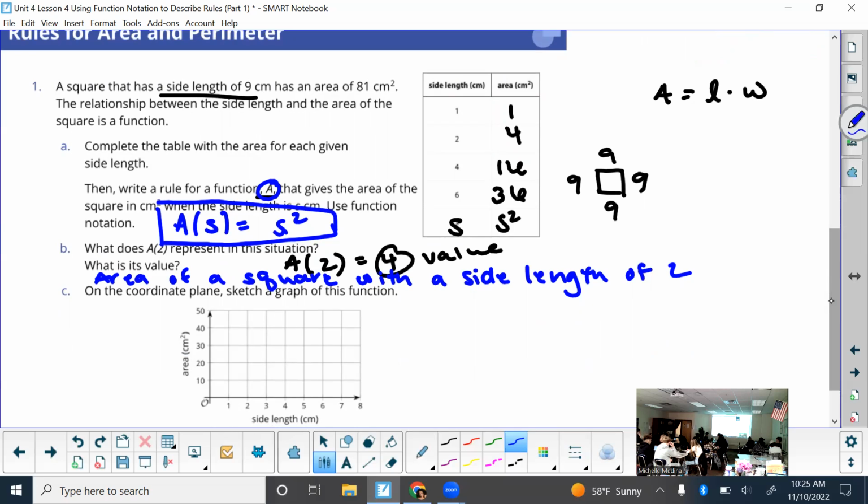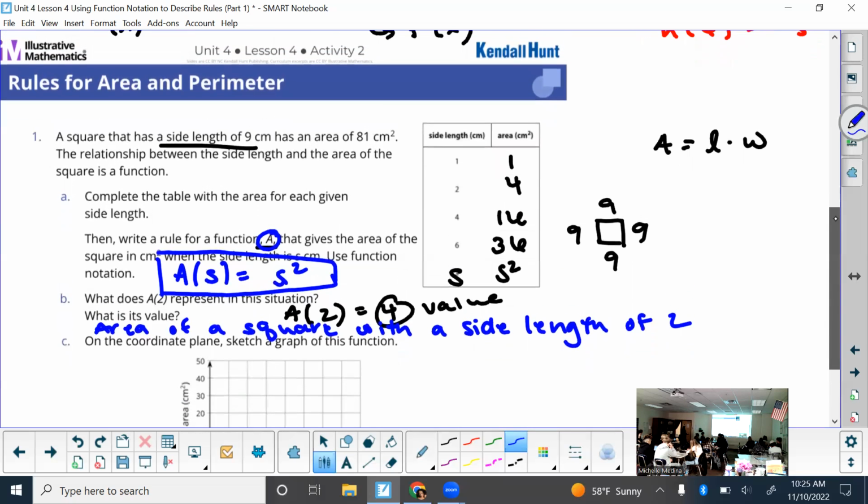Then when you sketch things on a graph, how do you do that? Like what's a point that we know is on the graph? Good, what else? 2, 4. What else? Good, where are we getting them from?